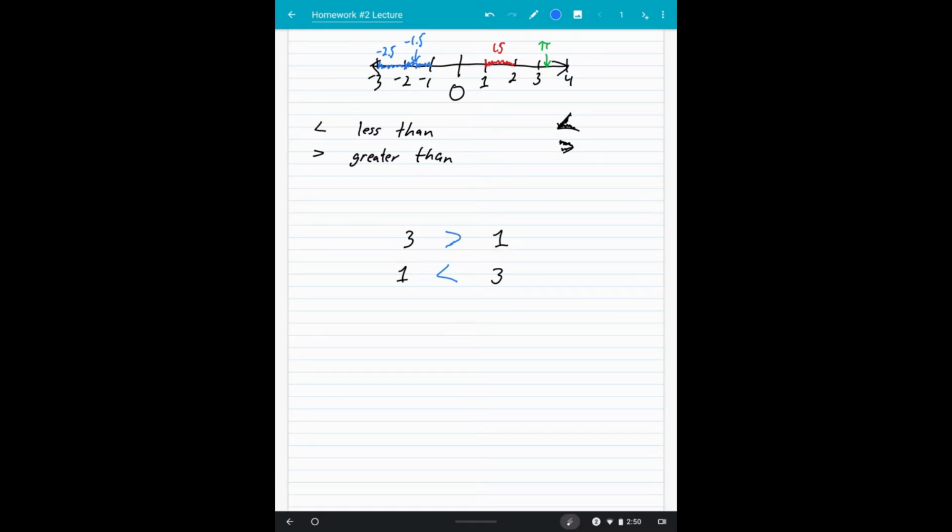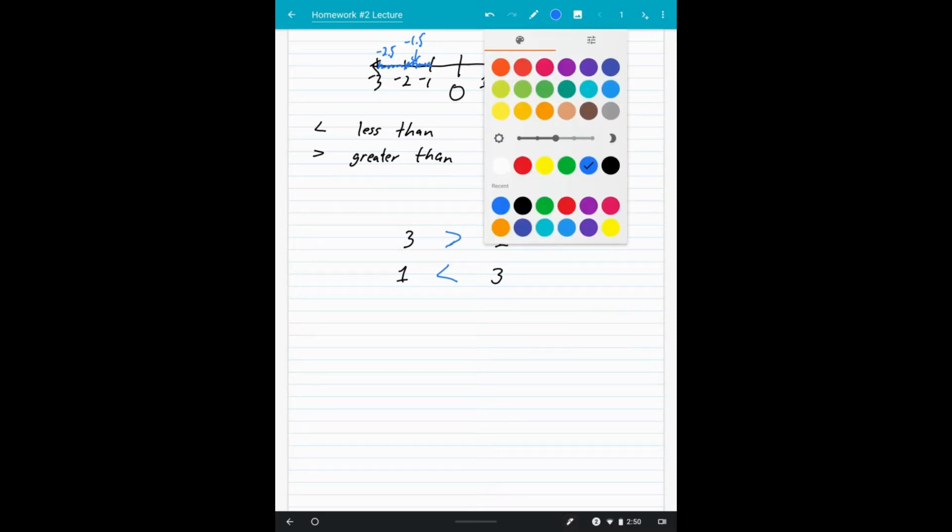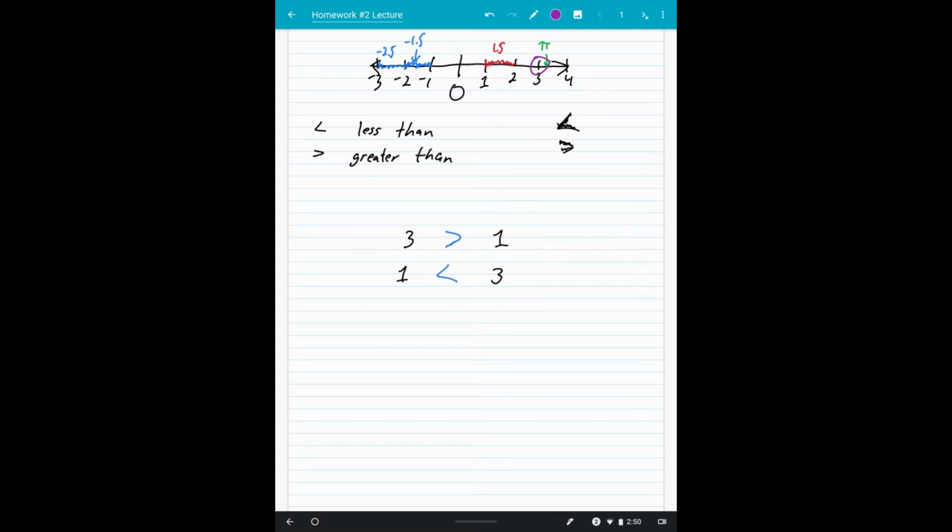On the number line, we can see that 3 is greater than 1. Any number on the right side that is more positive is going to be larger than any number on the left side of it.